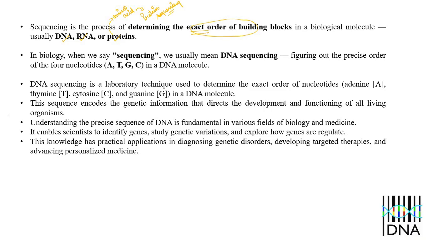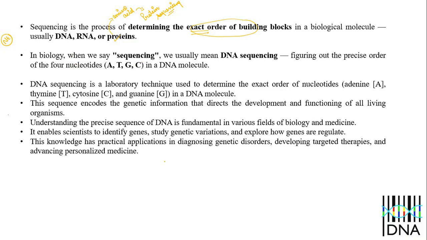The building block of DNA and RNA is nucleotides. The building block of nucleic acid is nucleotides. Whenever we find out the exact order of nucleotides, this is known as nucleic acid sequencing.